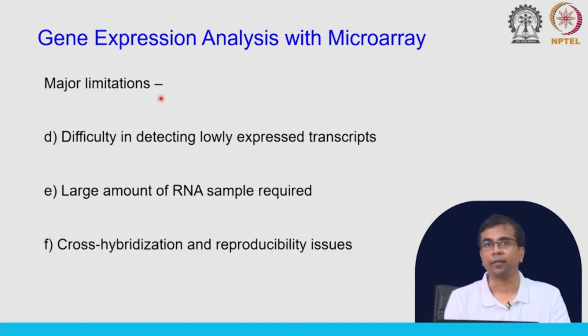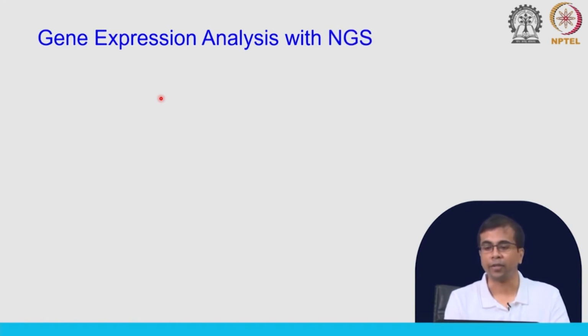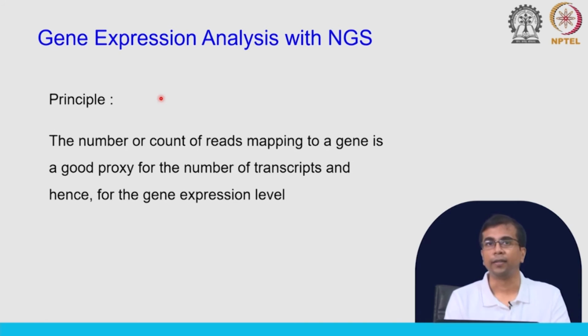So, that is where gene expression analysis with NGS comes in. The principle is very simple: when you are analyzing with NGS, the count of reads that map to a gene is a proxy for the number of transcripts and hence for the gene expression level.